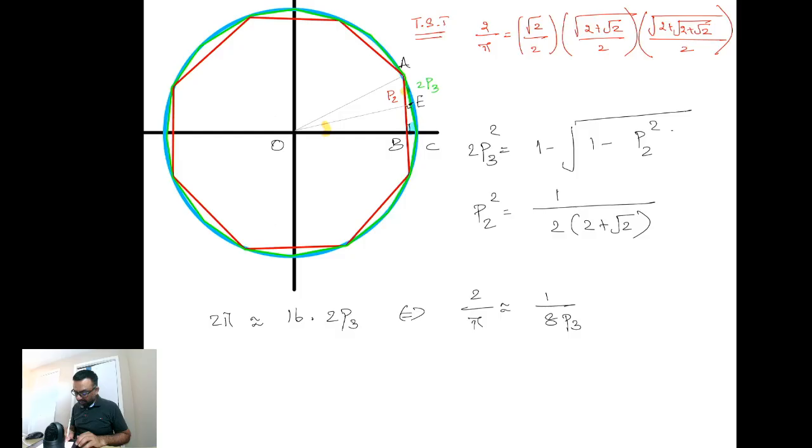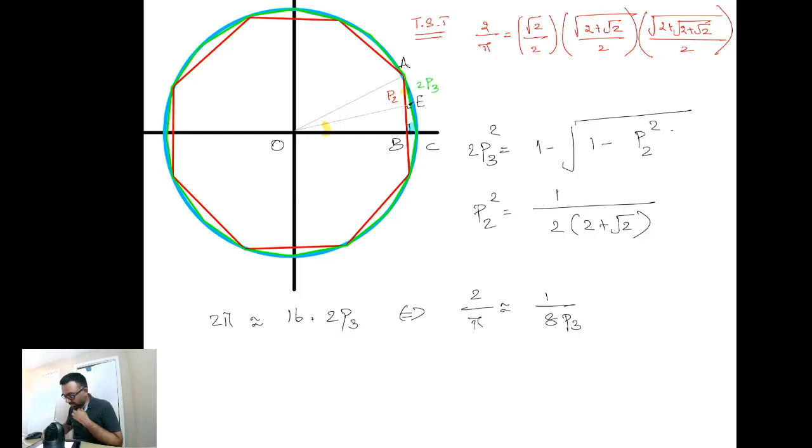So we had P2 square equals 1 by 2 times of 2 plus square root 2. 1 minus of P2 square will be equal to 1 minus of 1 over, I'm going to call this as 4 plus root 2. This will give me 3 plus 2 root 2 divided by 4 plus 2 root 2. Now I am going to multiply and divide by the conjugate of the denominator.